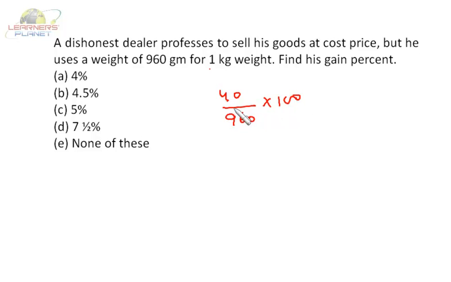So this is his profit percent, 40 gram on every 960 gram. So it's 100 by 24. So we can say 25 by 6% is his profit, which is none of these.